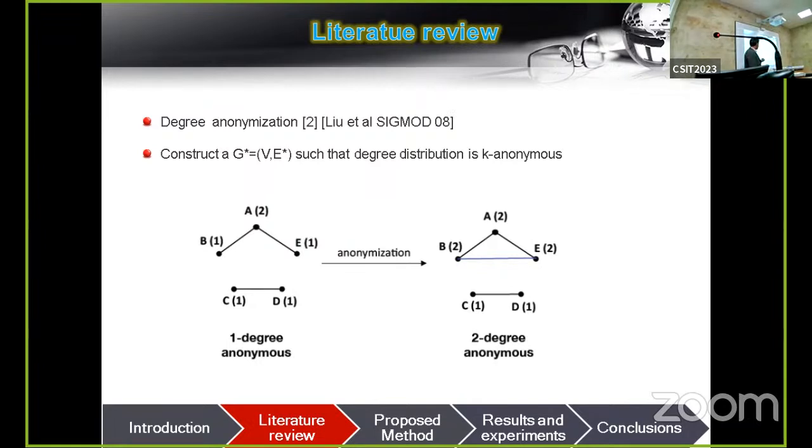So this is better. In the left figure, we have 1-degree anonymous because we have 1 node of degree 2. And here we have 2-degree anonymous. We have 2 nodes with degree 1 and 3 nodes with degree 2. So we have 2-degree anonymous that is better than the left figure. So we convert graph G to G star.